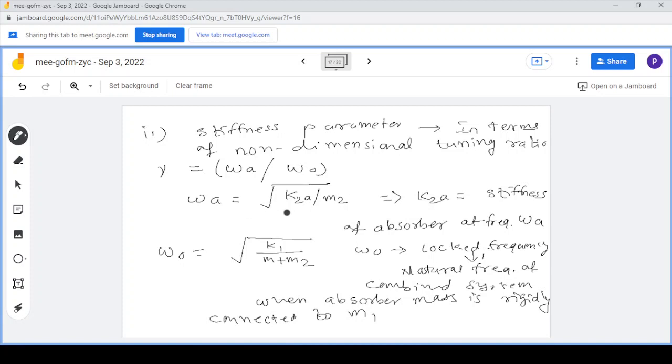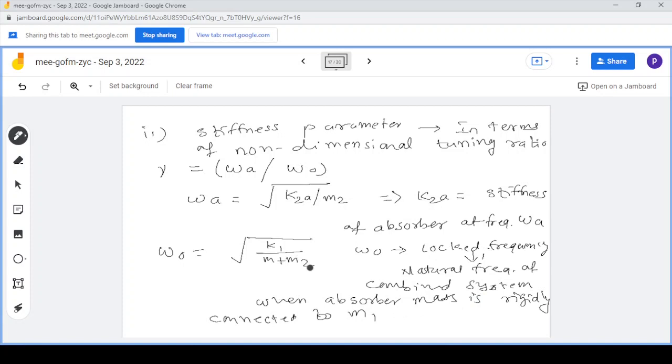Whereas what is omega A? Square root of K2A upon M2. And what is K2A? It is the stiffness of the absorber at the frequency omega A. And what is omega 0? It is the square root of K1 upon M1 plus M2. And this is called the lock frequency, or the natural frequency of the combined system when the absorber mass is rigidly connected to the mass M1.